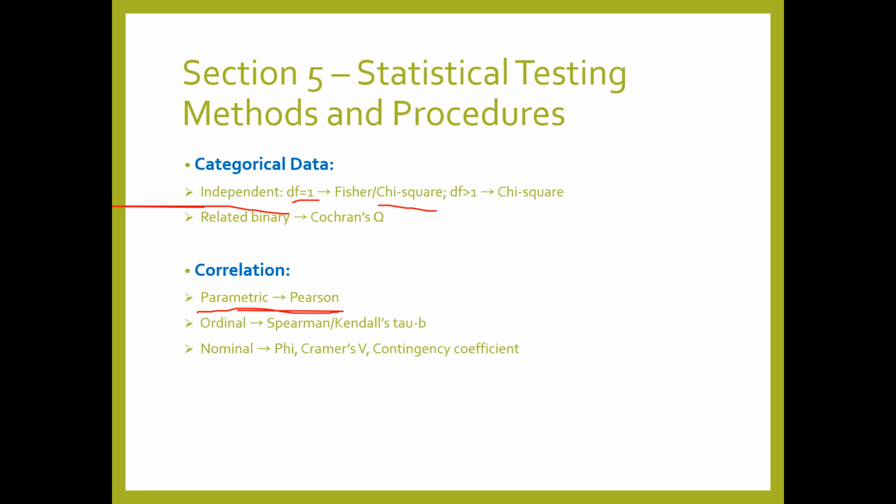If both are parametric, IR, use the Pearson correlation. This is famous. If it is ordinal, use Spearman or Kendall's tau-b. If two variables are nominal, you use phi. Phi in Greek looks like this one. Phi, Cramer's V, contingency coefficient.